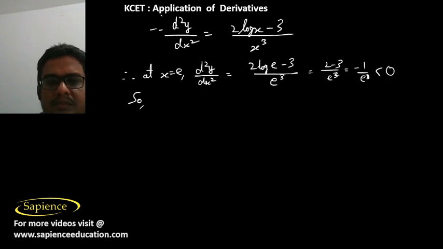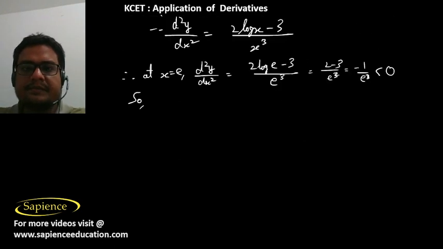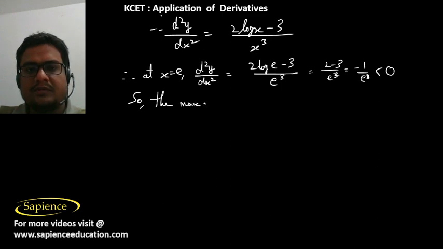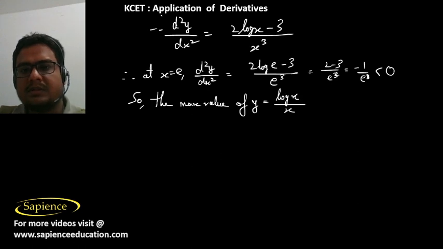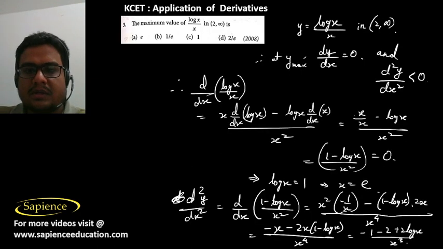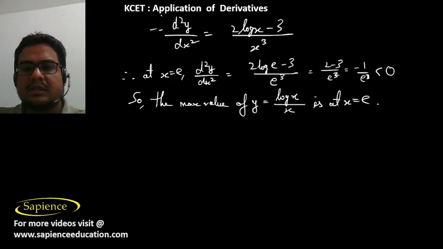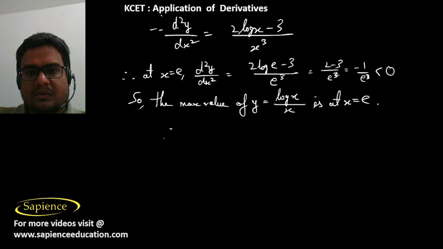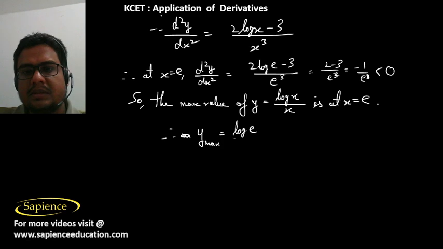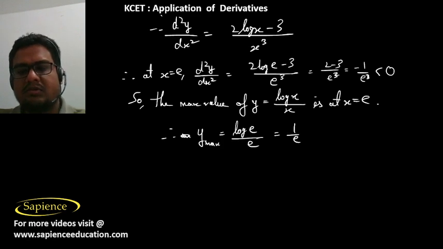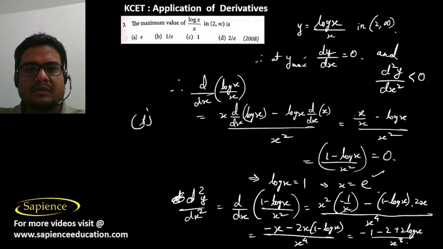So therefore it is minus 1 by e cube, which is less than 0. So the maximum value of y at x equal to e, since dy by dx is 0 and d square y by dx square is less than 0, is 1 by e. So 1 by e is the correct answer.